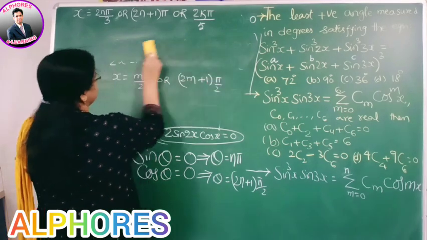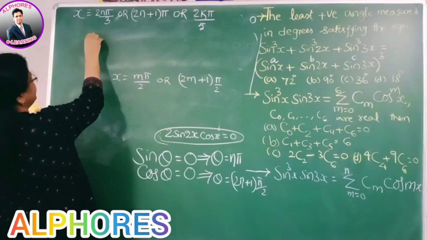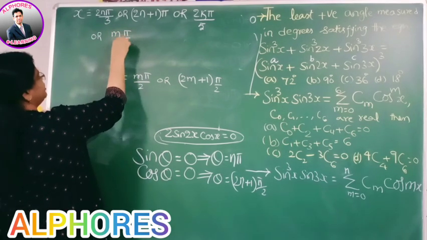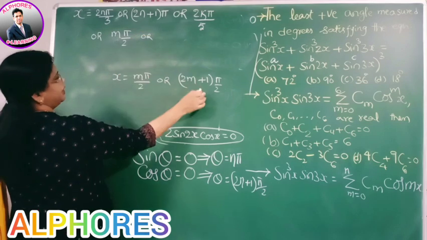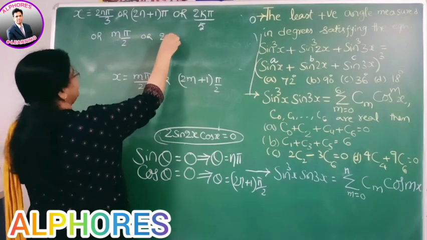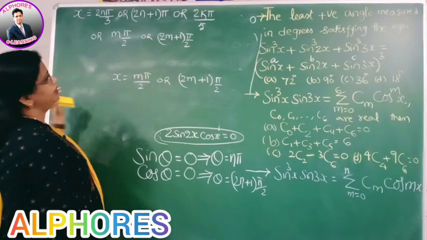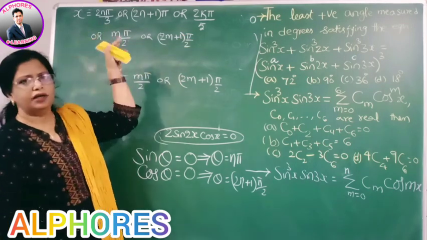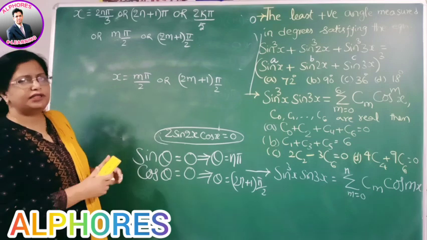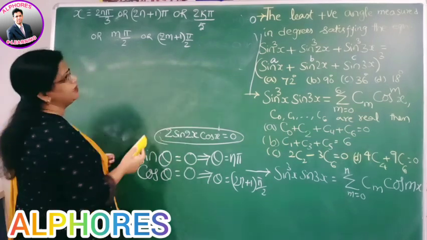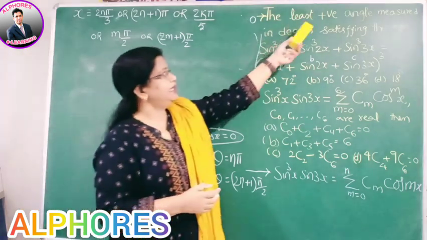So from the last case you got other values as mπ divided by 2, or the other value you can use, (2m+1) into π/2. So wherever you take m or k or n, all are integers, positive as well as negative or 0.